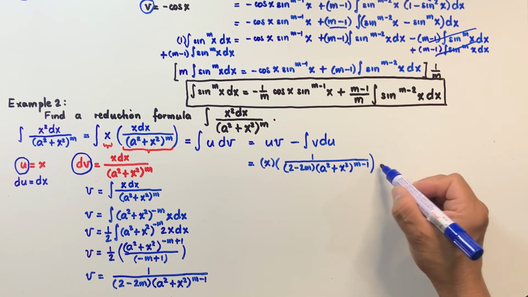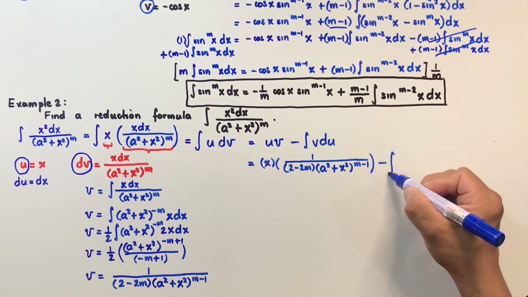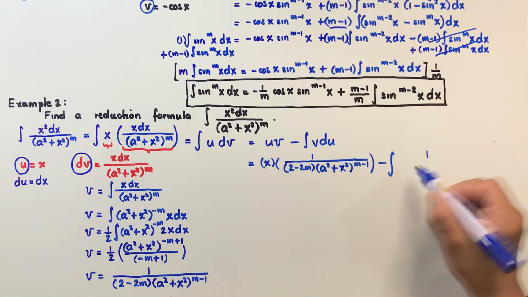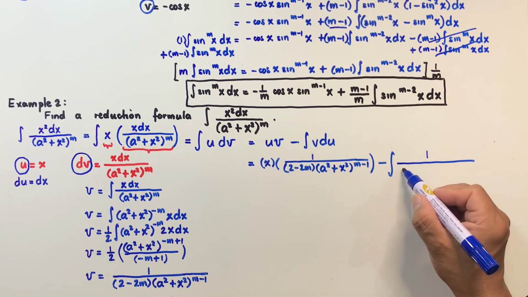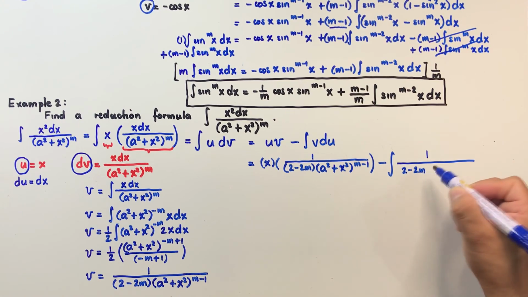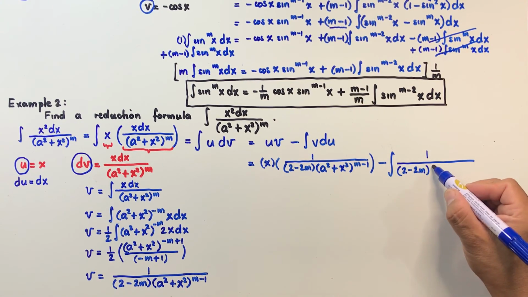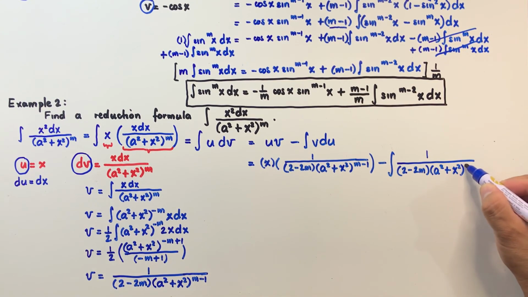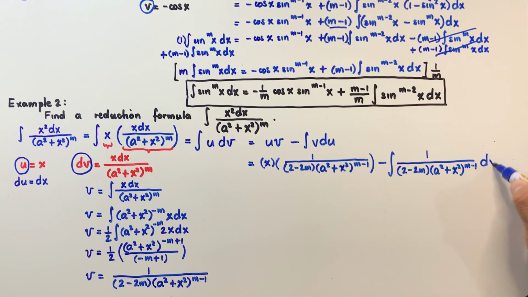And this will be subtracted by the integral of v, which is 1 over 2 minus 2m times a squared plus x squared to the power m minus 1 times du, which is dx.